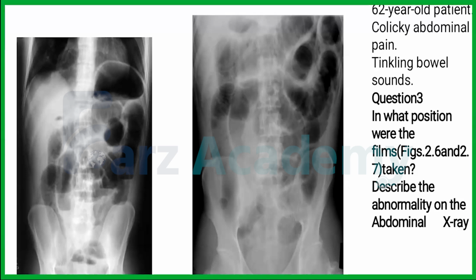Air fluid level in SBO will be multiple, but in paralytic ileus it is diffuse. Bowel sound is usually absent in paralytic ileus, but in small bowel obstruction you will get it. Next slide, please.